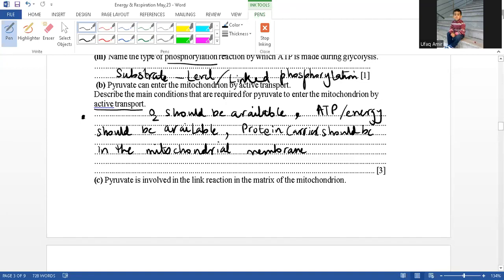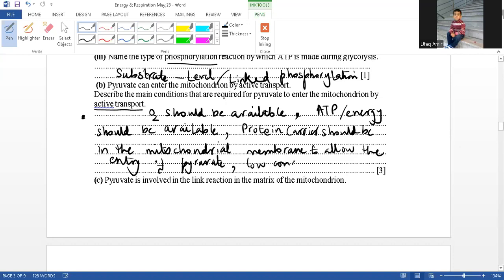So a protein carrier protein should be in the mitochondrial membrane to allow the entry of pyruvate. What else? Energy is needed, oxygen is needed. Then there should be a concentration gradient, and there can be low concentration outside because it's actively transported.